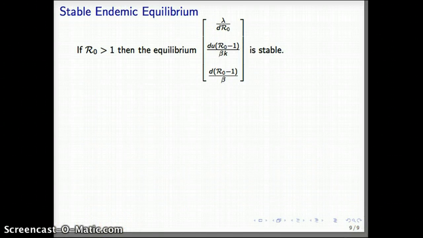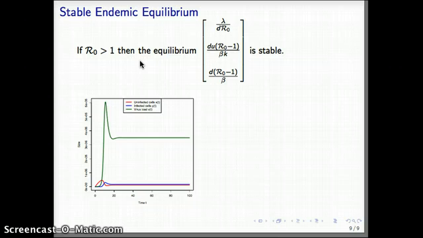And last but not least, this will be an illustration of that qualitative scenario in which the endemic equilibrium is stable. These are numerical solutions of the mathematical model.